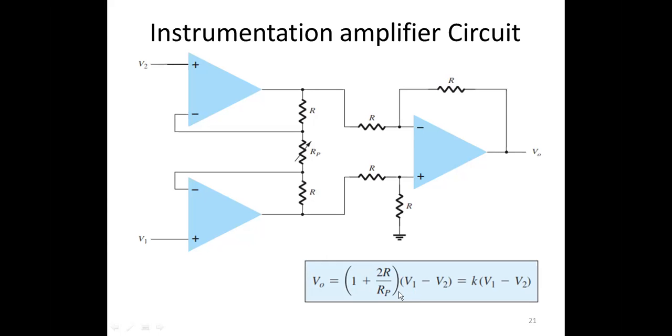So this factor is basically the gain of this amplifier. How much this difference will be amplified will be determined by this factor, and the value of this gain can be varied using this potentiometer. Because this resistance is selected as a fixed value, the only thing that can be varied is this potentiometer. Okay.